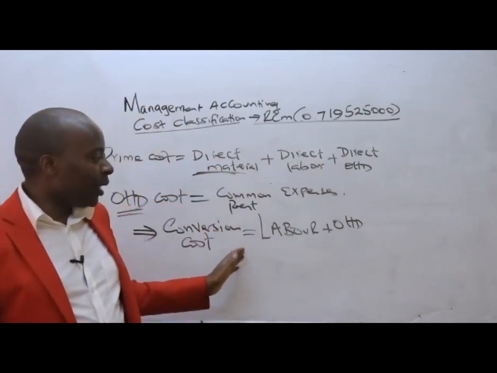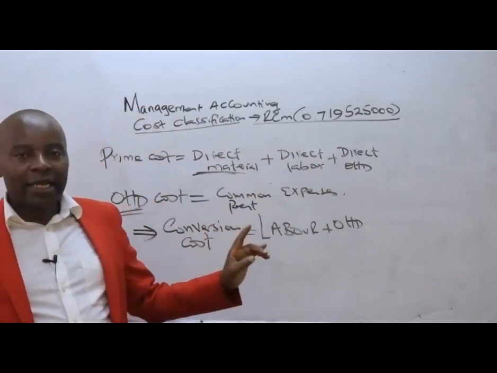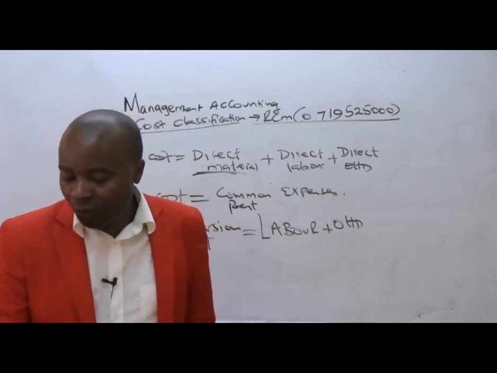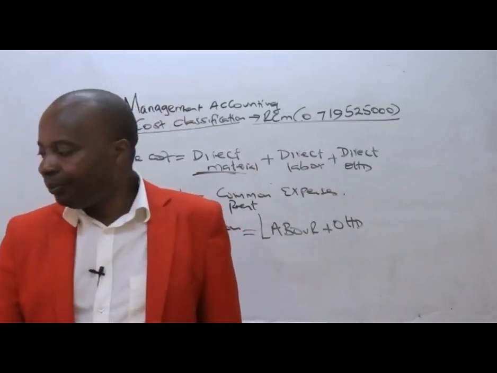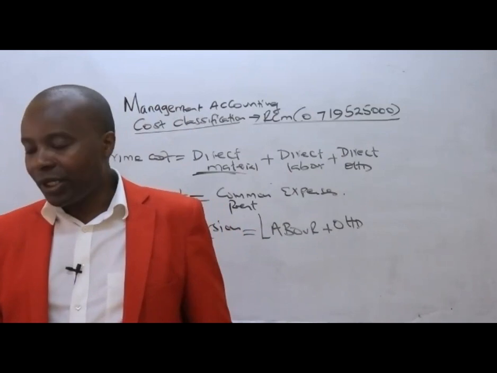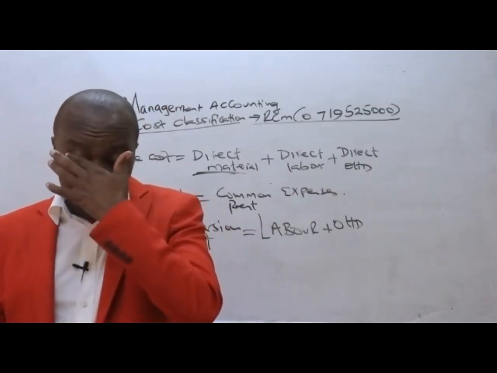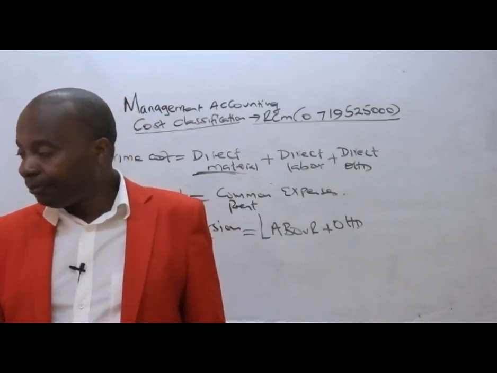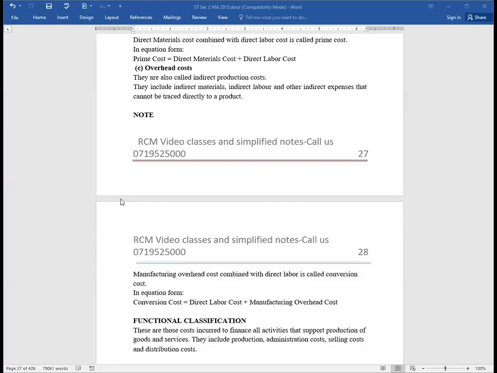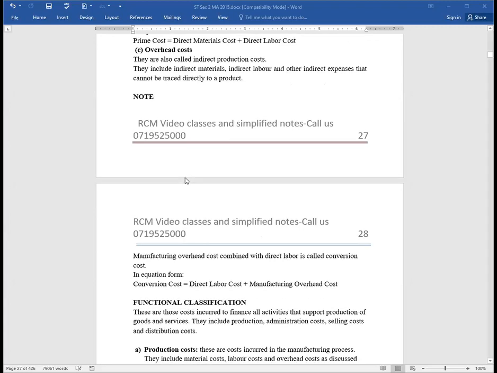So very importantly, we should understand this from the word go. We can classify costs according to whether they are manufacturing or non-manufacturing.